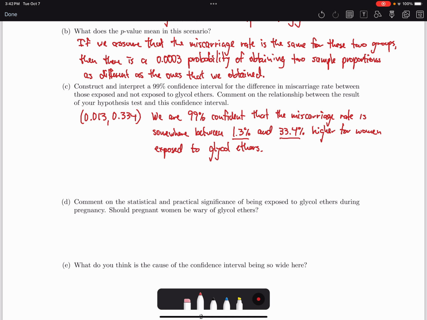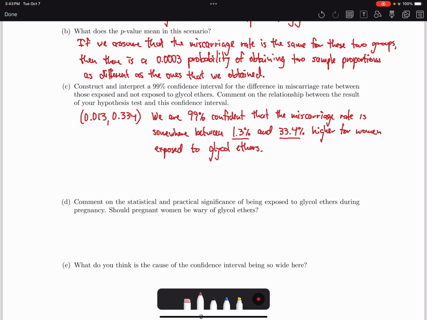In other words, if 0 is a good estimate for the difference between P1 and P2, then that means that P1 and P2 could very well be the same thing. But 0 is not a good estimate, right? 0 is not inside of our confidence interval, and therefore we can safely rule out the idea that P1 and P2 are the same thing.